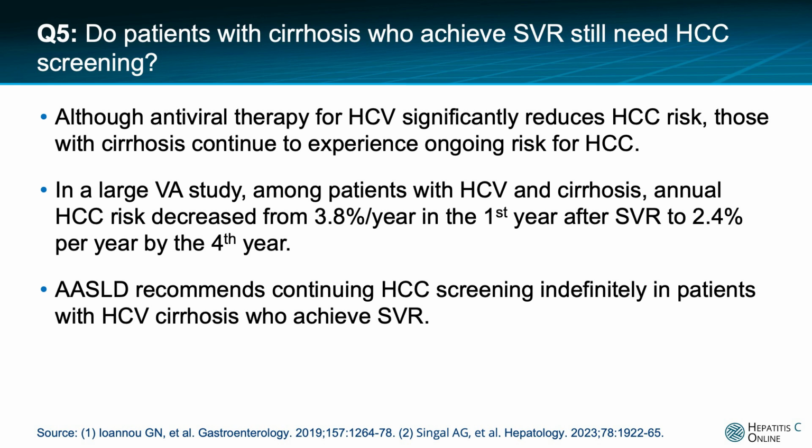As an example of this, in a large VA study among patients with hepatitis C and cirrhosis, the annual risk of HCC decreased from 3.8% per year in the first year after SVR to 2.4% per year by the 4th year after SVR, but this remained above the 1% per year threshold set by the AASLD. Because of this, AASLD currently recommends continuing HCC screening indefinitely in patients with hepatitis C cirrhosis, even after achieving SVR12.